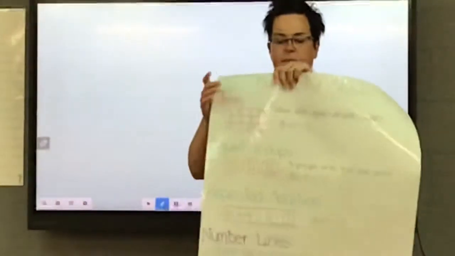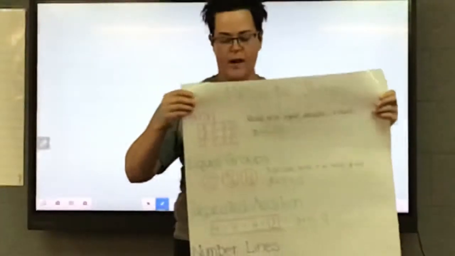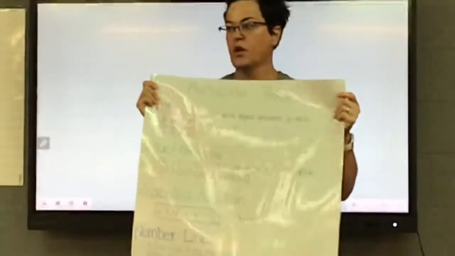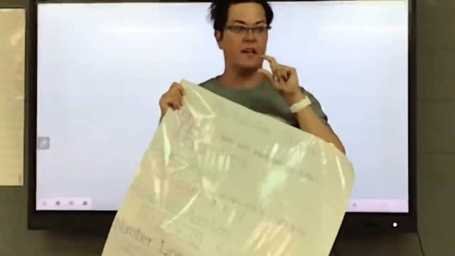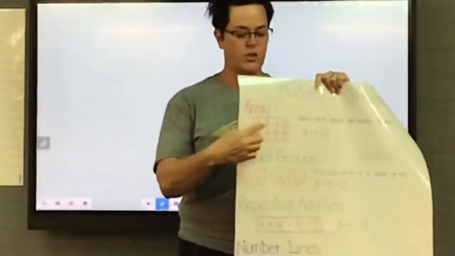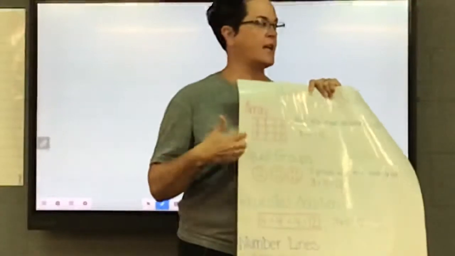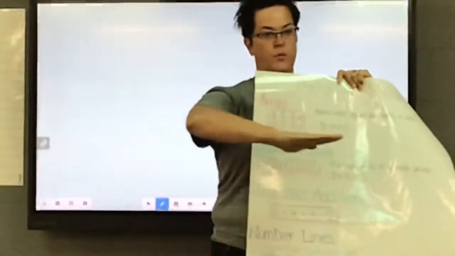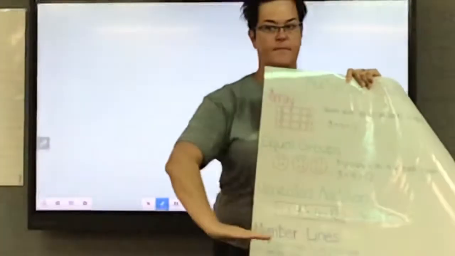One more thing. We have practiced a lot of equal groups. We did a lot of that yesterday too with our square tiles. Okay, we're going to go back to working on making arrays. So remember, we do the rows first.